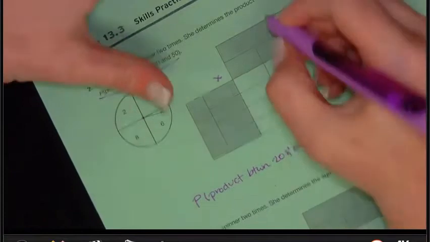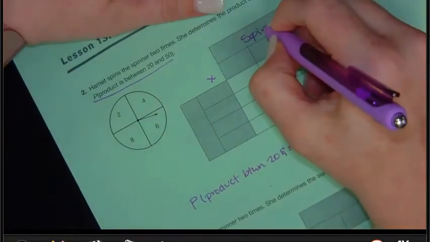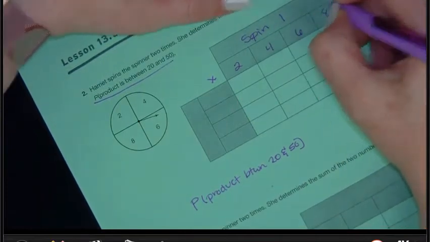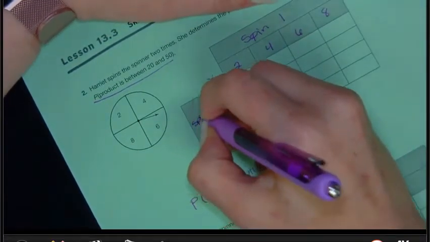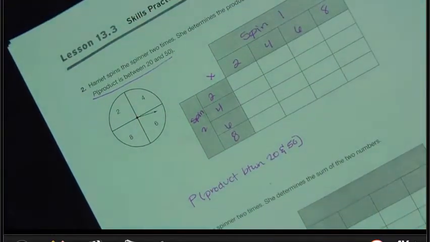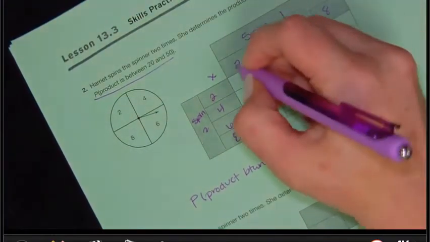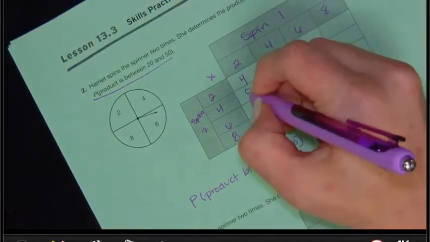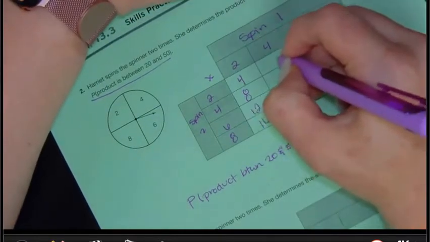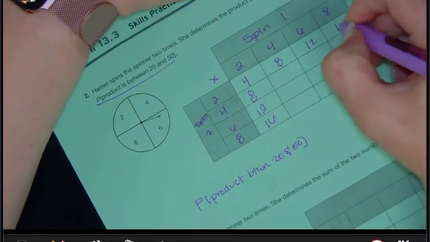All right, so for spin 1, I can get the numbers 2, 4, 6, and 8. For spin 2, I get 2, 4, 6, and 8. Okay, now remember, product is multiplying. So 2 times 2 is 4, 2 times 4 is 8, 2 times 6 is 12, 2 times 8 is 16. So I'm going to have 4, 8, 12, and 16.